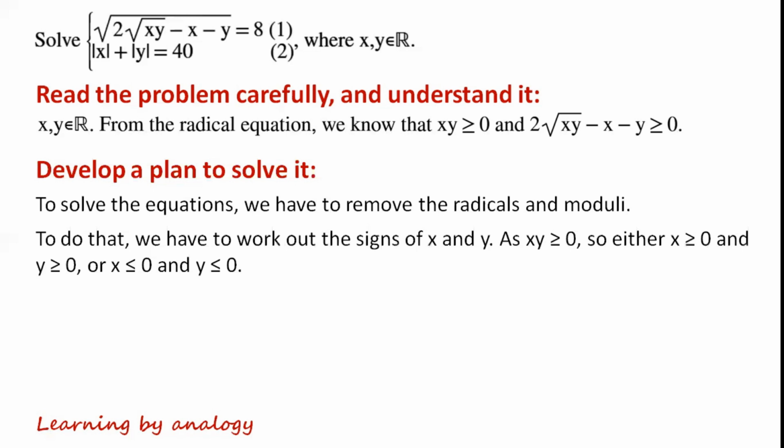To do that, we have to work out the signs of x and y, as xy is greater than or equal to 0. So either x is greater than or equal to 0 and y is greater than or equal to 0, or x is less than or equal to 0 and y is less than or equal to 0.